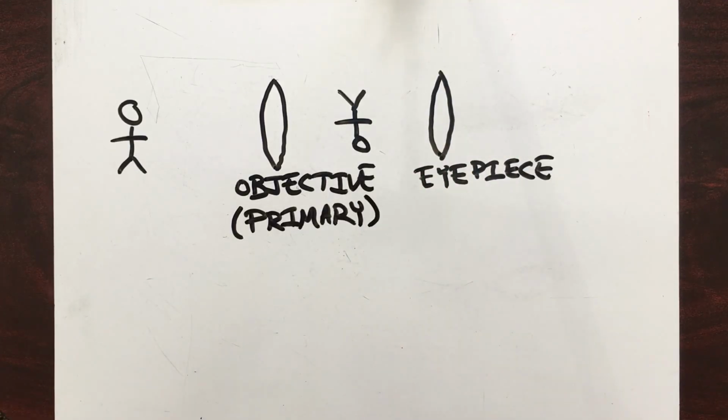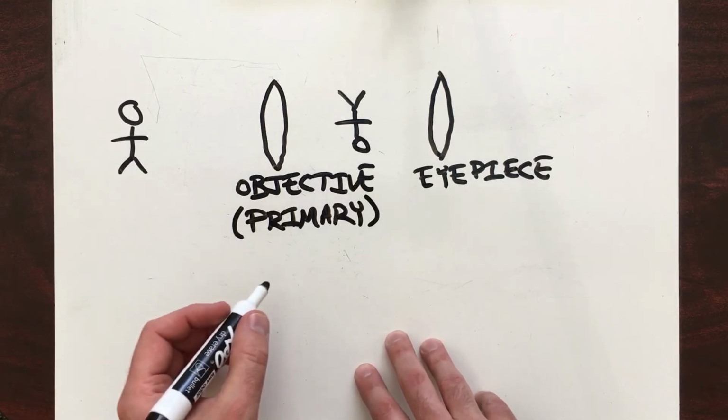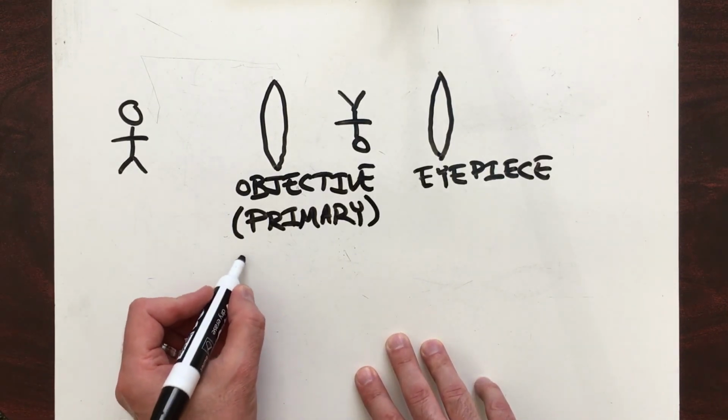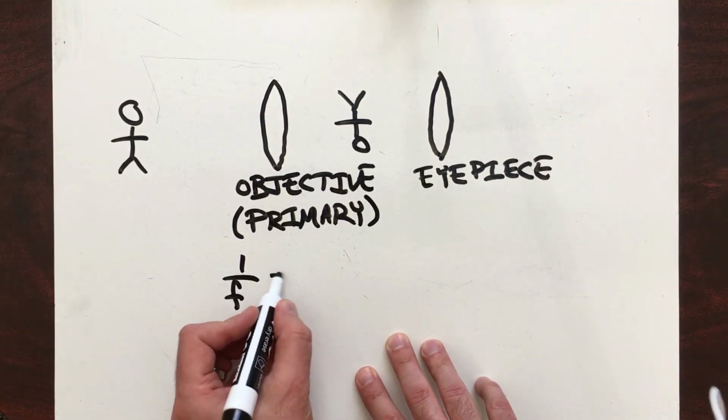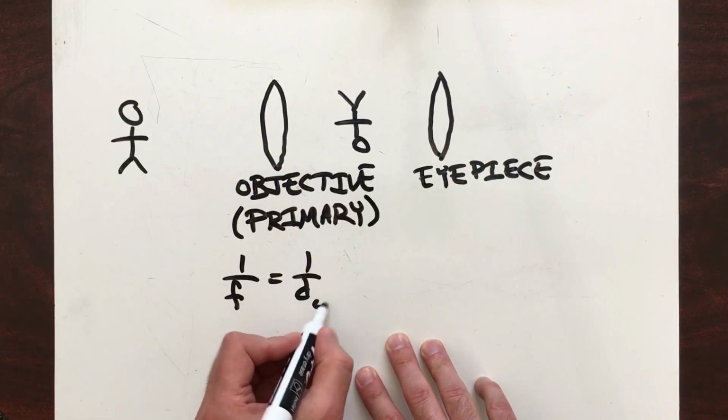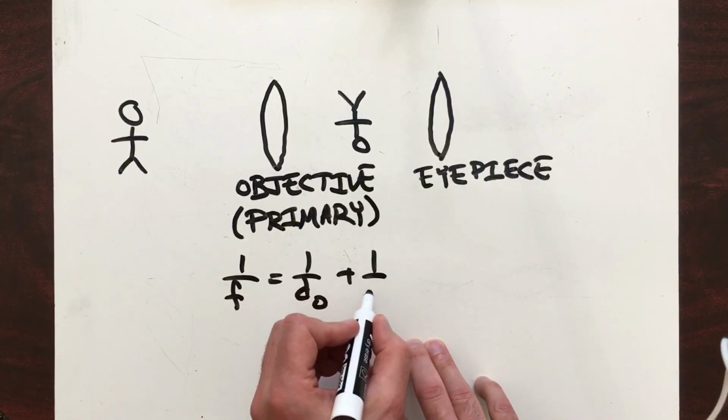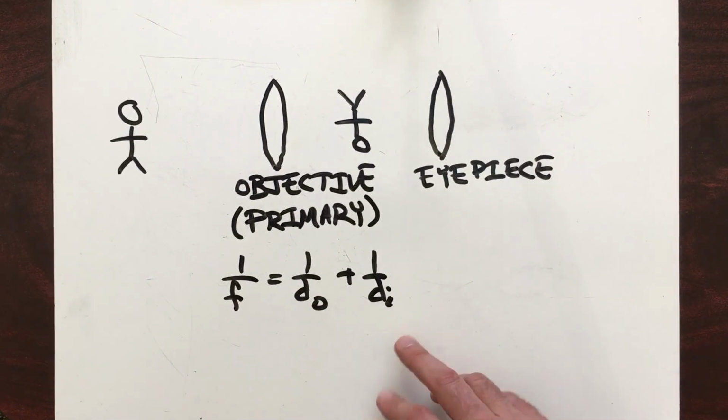Now, let's go through the general setup here, how the math is going to work, I guess is what I'm really saying. So we'll start with our optic formula. 1 over f equals 1 over do plus 1 over di. Now, generally, when you're using a telescope, the point is to look at something far away.